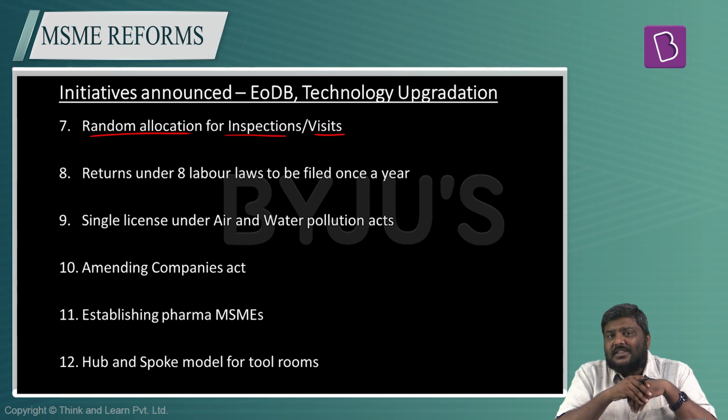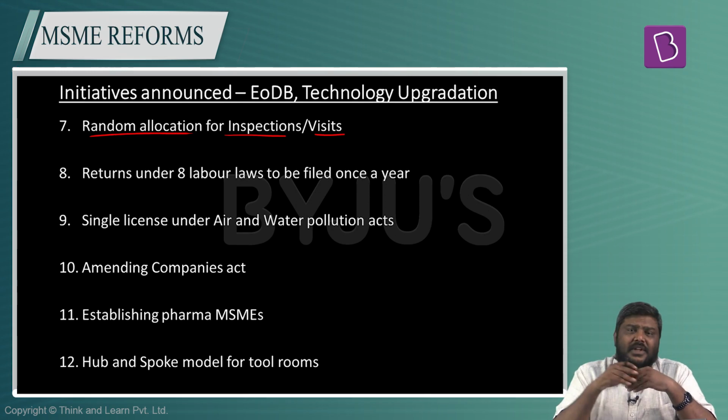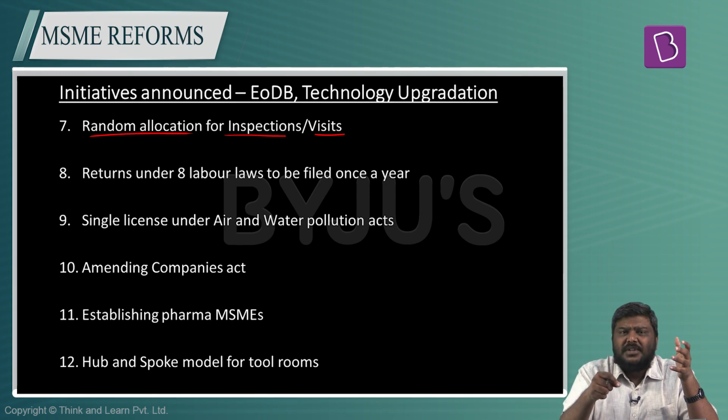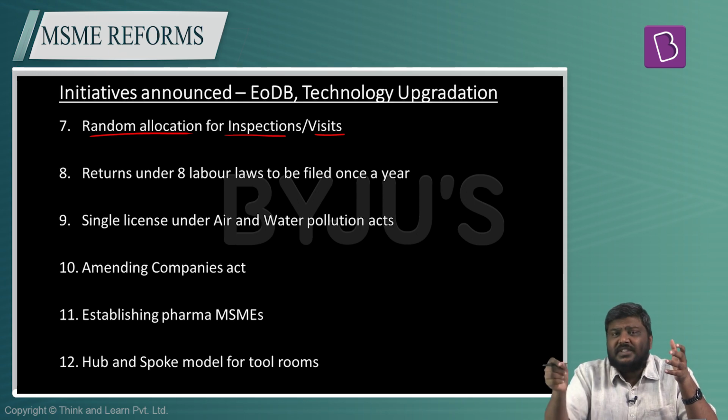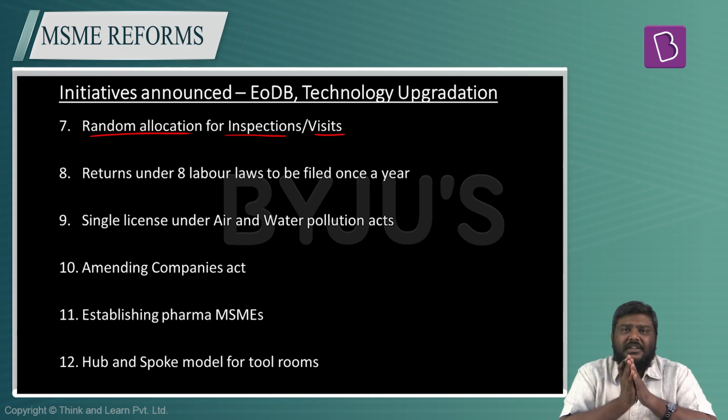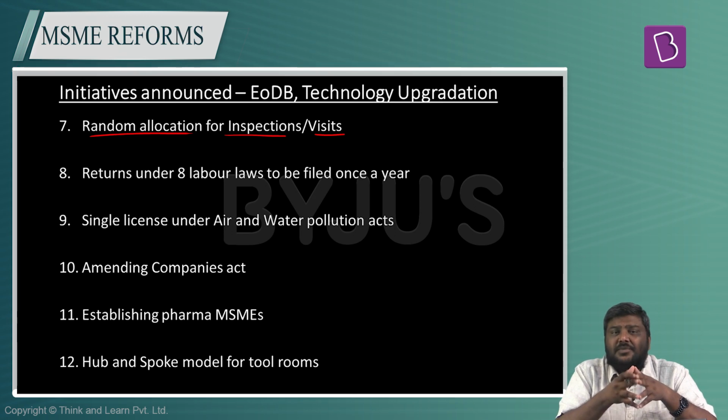Now the Government of India says, rather than the inspector choosing to visit these units, a computerized system will randomly allocate inspections or visits to the inspectors. So rather than the inspector choosing a company, the system will tell which company to visit. To a very great extent, this will reduce corruption practices.